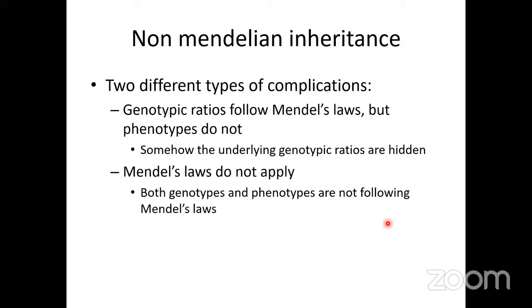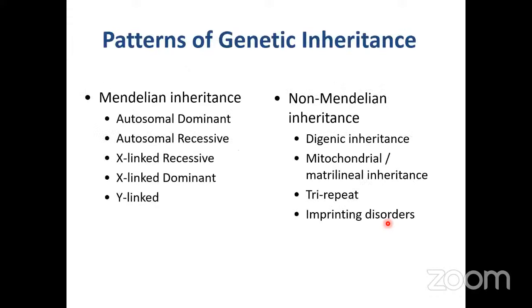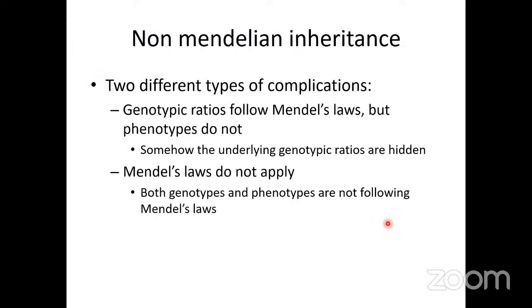Suppose in autosomal dominant, for some reason, there is a discrepancy between genotype and phenotype. When you look at the genotypes, they definitely follow Mendel's law, but when you look at the phenotype, they don't. Whereas in some scenarios where Mendel's law does not apply, both genotype and phenotype do not follow Mendel's law. These are your non-Mendelian inheritance: digenic, mitochondrial, matrilinear, all of which don't follow Mendel's law of inheritance.